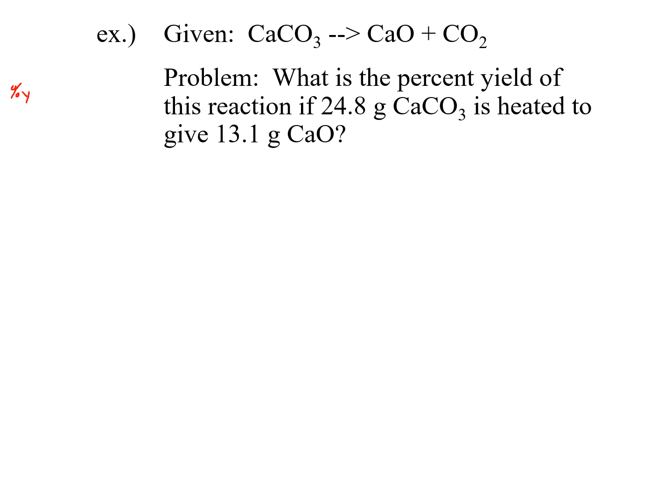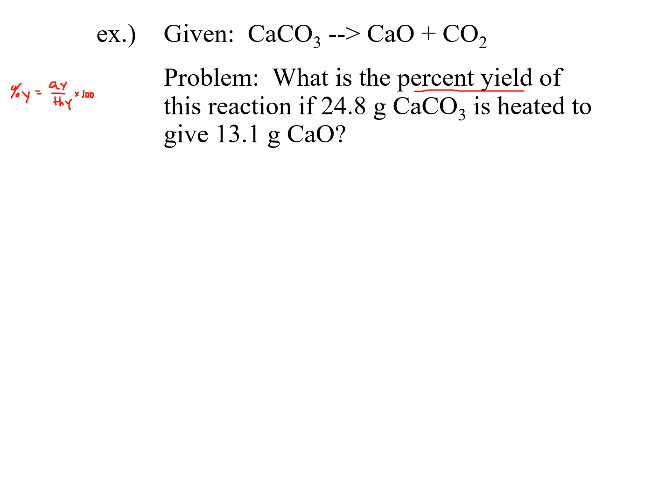Percent yield is actual yield over theoretical yield times 100. So if I want to find the percent yield, I need to identify what's the actual yield, what's the theoretical yield.